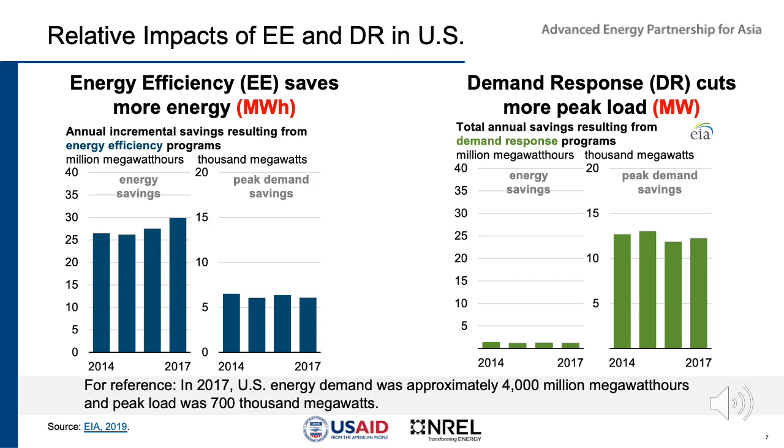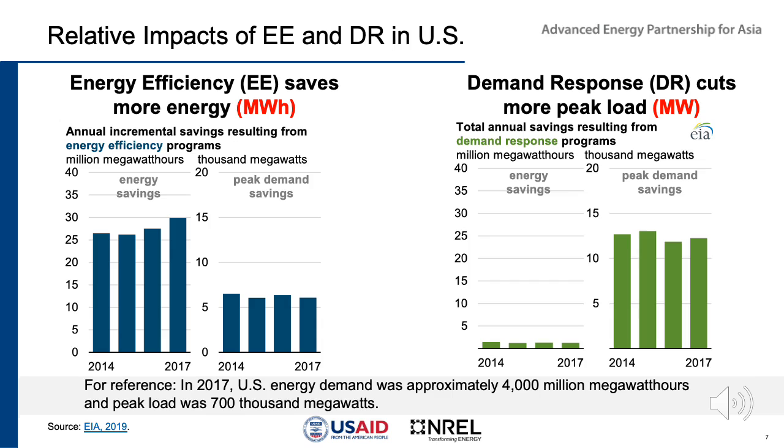So we see that in the year 2017, for example, energy efficiency saved approximately 30 terawatt hours of electricity. Now, when you compare this to the national total of energy demand of 4,000 terawatt hours, it doesn't sound like much. 30 is much, much smaller than 4,000.